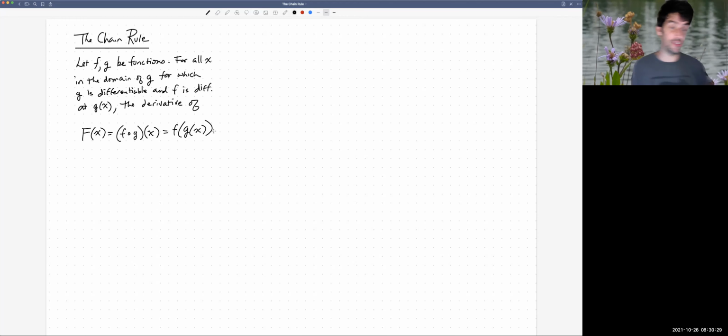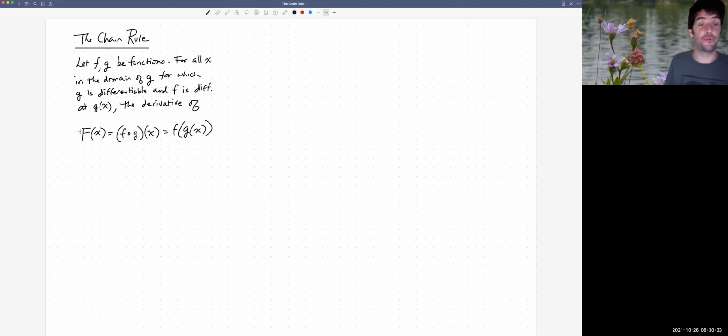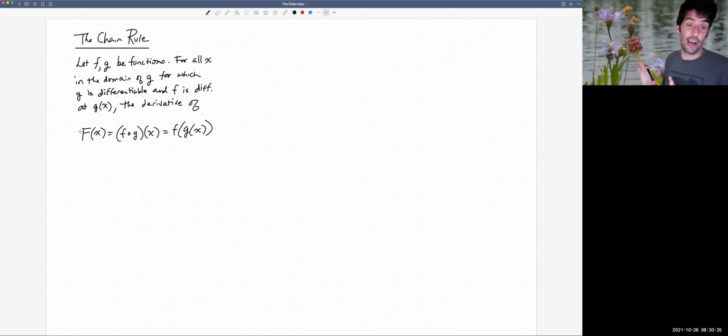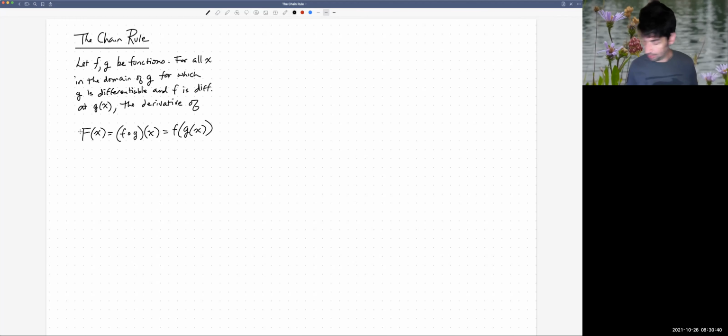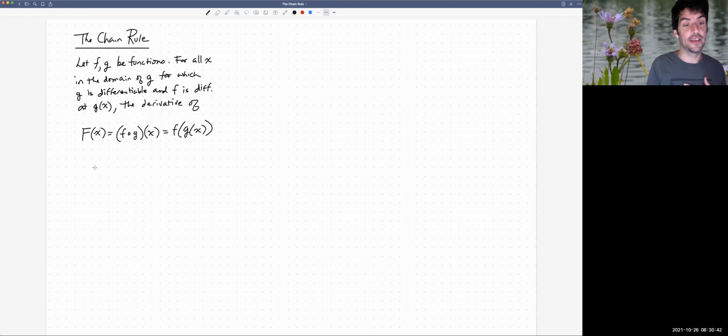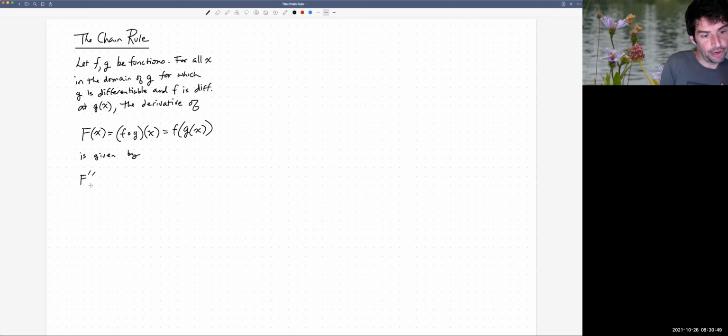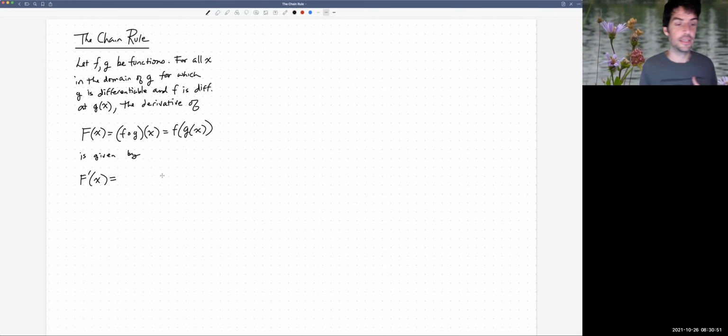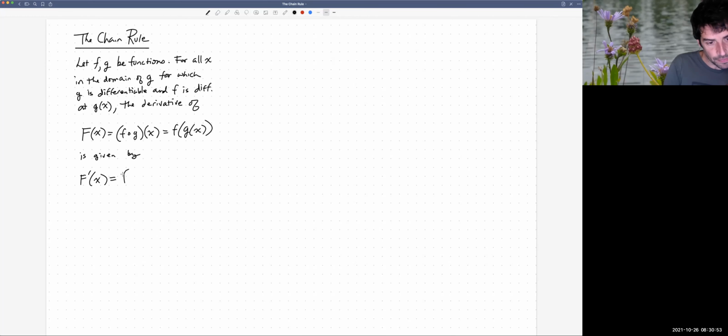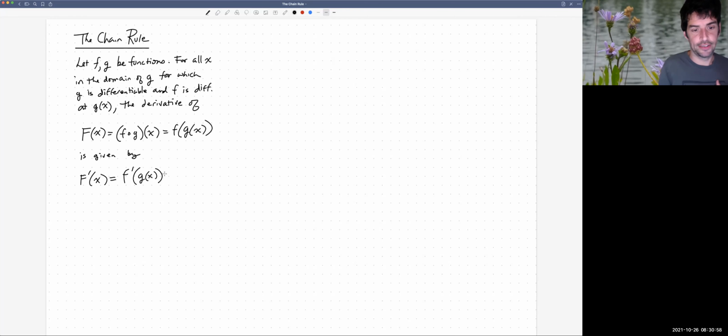The derivative of this function, so the derivative of this capital F, right? That's whose derivative I want. Little f and g are how we define capital F, but I want the derivative of capital F. The derivative is given by F prime of x is equal to f prime of g of x times g prime of x.